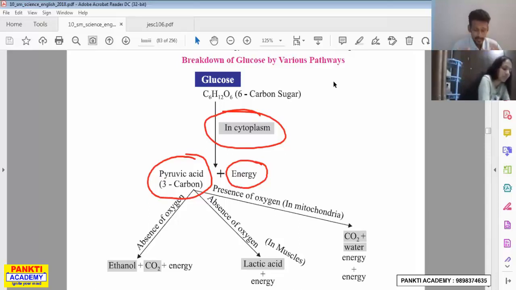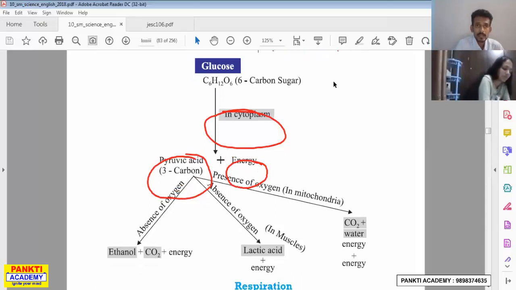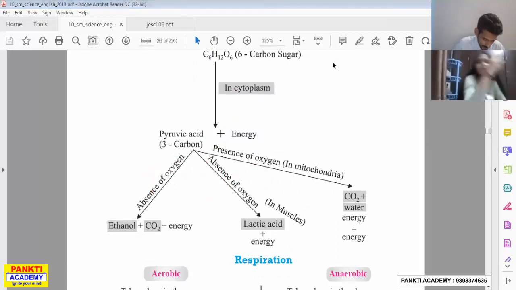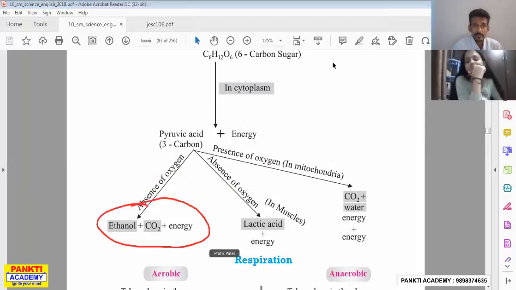When pyruvic acid breaks down, this pyruvic acid converts into ethanol plus carbon dioxide plus energy.